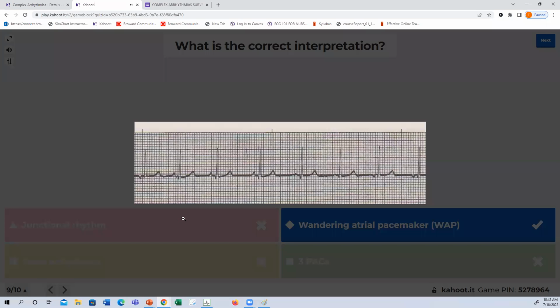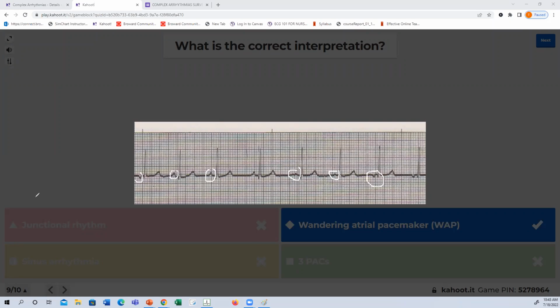Okay, so what is weird or what is unusual about this particular strip? Well, the unusual thing about this strip is the fact that we have different configurations of P waves. So we have an inverted P wave right there, an upright P wave, and then a flat P wave right over here, and even another flatter one and an inverted one here.